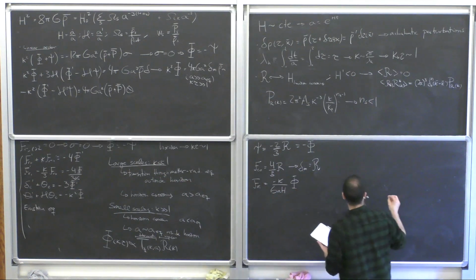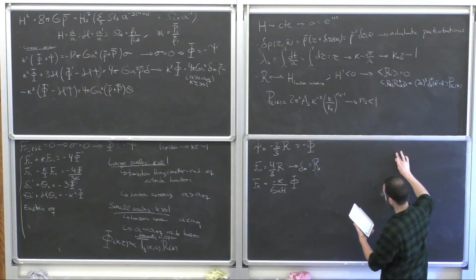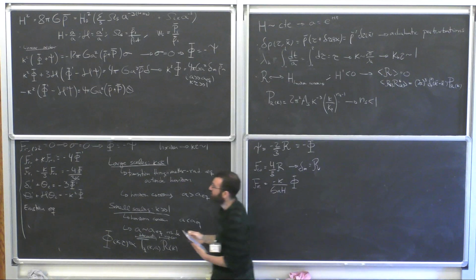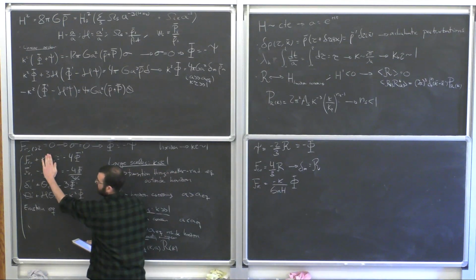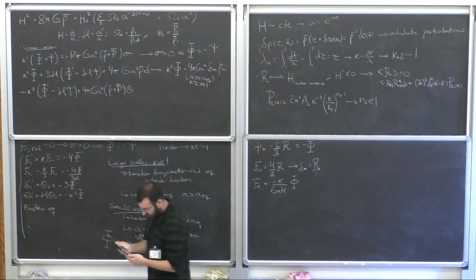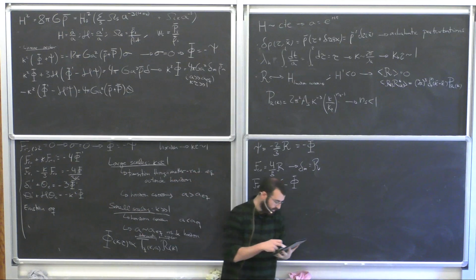So we basically have only the evolution of the monopole and the density in terms of the Einstein equations.